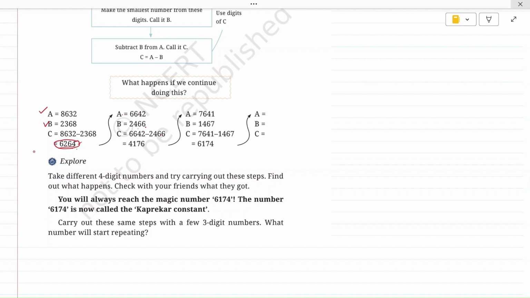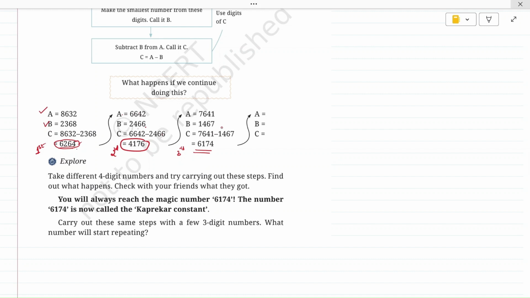This is the first time we are doing this, and this is the second time. 4176 is the answer of the subtraction here. And then for the third time, we again take the biggest number and the smallest number, and the difference we get here is 6174.